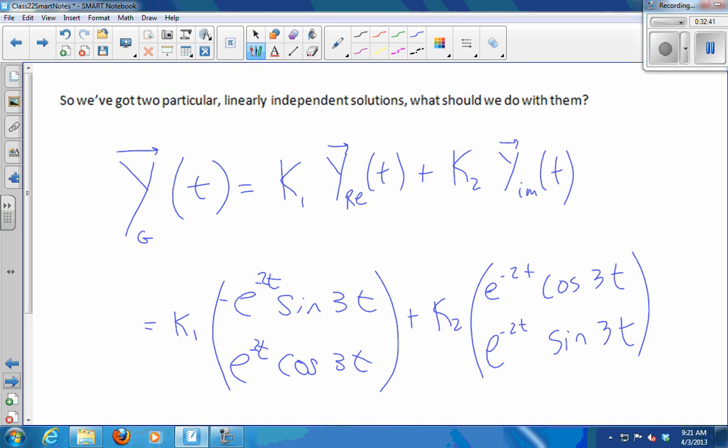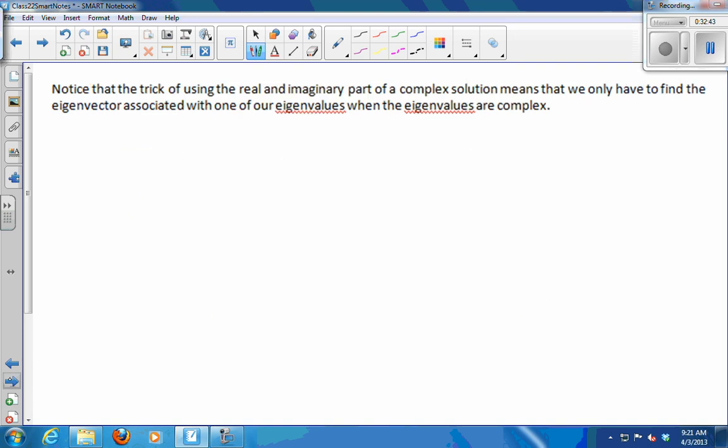So there's our general solution. The trick of using the real and the imaginary part of a complex solution means that you only have to find the eigenvector associated with one of the eigenvalues. So you just trade some hard work for a different kind of hard work. But one problem isn't really easier or harder than the other.